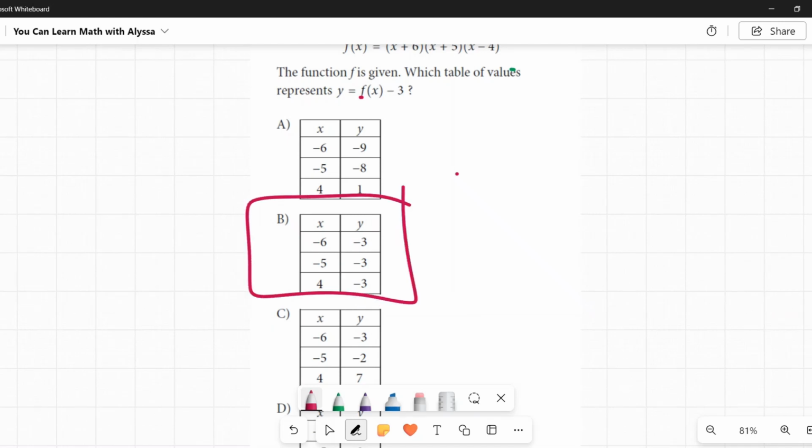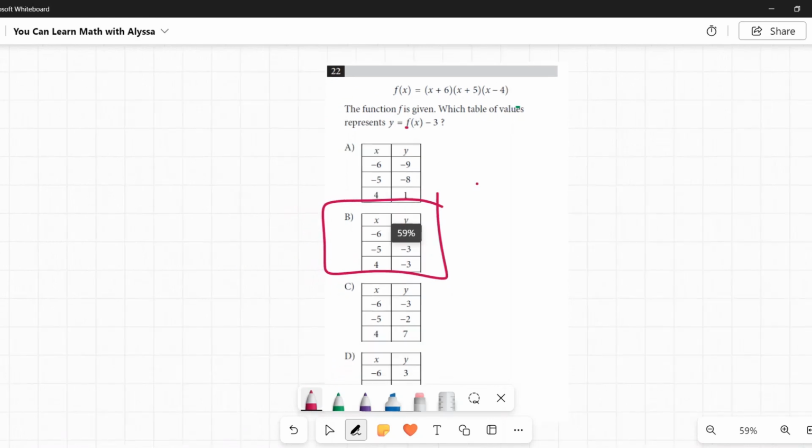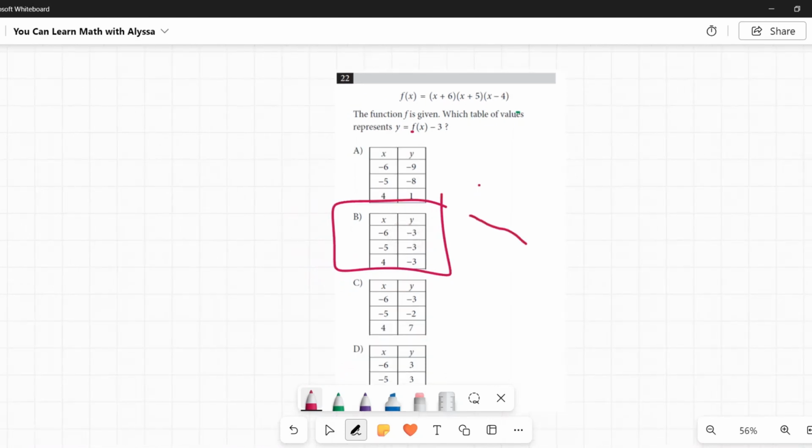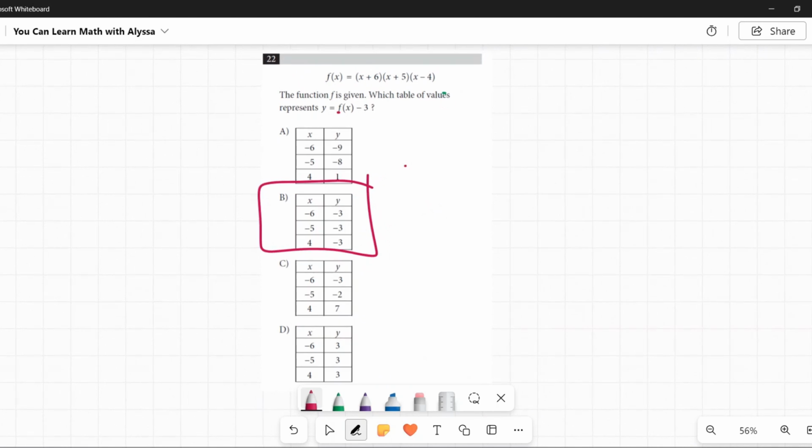B. Again, that is a way of looking at it that's unique to this problem. I would not expect it to be this way for all similar problems on the SAT. So that's just if you happen to notice that and go, wait a minute, -6, -5, and 4. If I plug this in, it's going to get 0, -3 every time. Woohoo. For this problem, that would work.